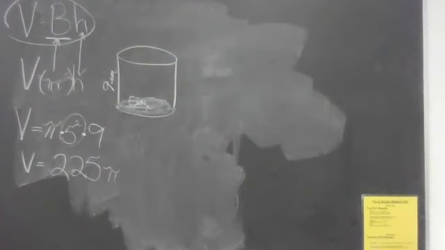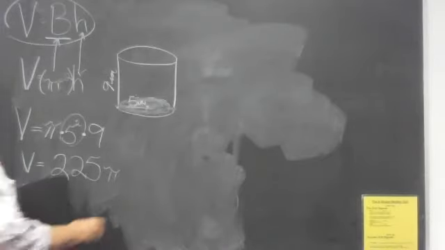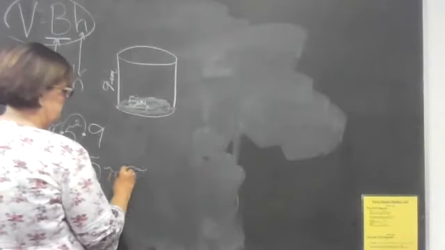But what if it's all decimals? What are you going to do? Push the toggle switch, and it will give you the answer. Now remember to also look at the directions, because sometimes they'll say round it to the nearest tenth, round it to the nearest hundredth. So you're going to need to know how to round decimals. But let's say we're going to round this to the nearest hundredth.